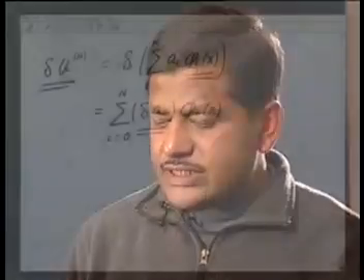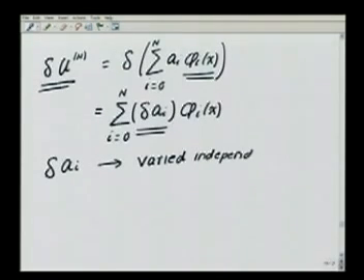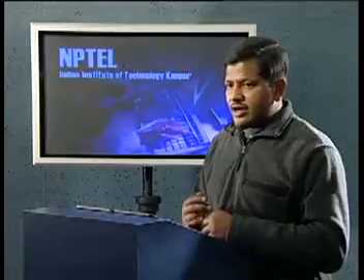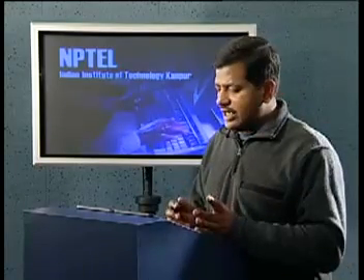So what we will do next is that, fine, if it is given in terms of the variations of these ai's, each of these delta ai's can be varied independently. What does this mean? Because this delta u is something that is under our control, that is, something that we are specifying, we can choose delta a1 equal to 1, let's say, and all other delta ai's equal to 0, that will be one delta u.